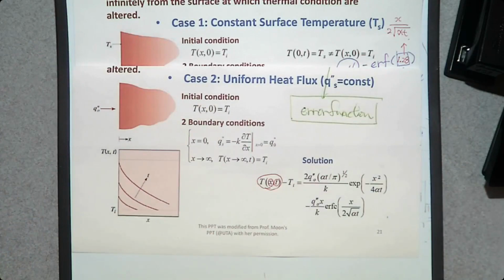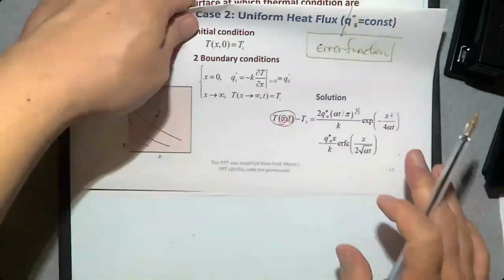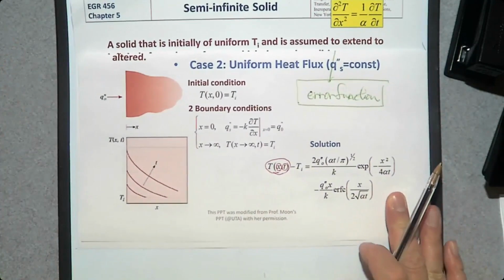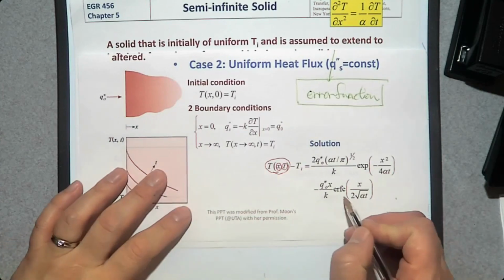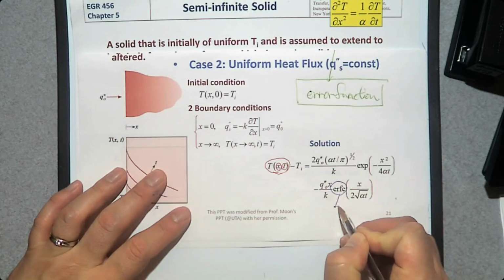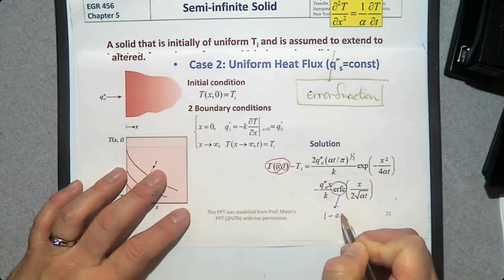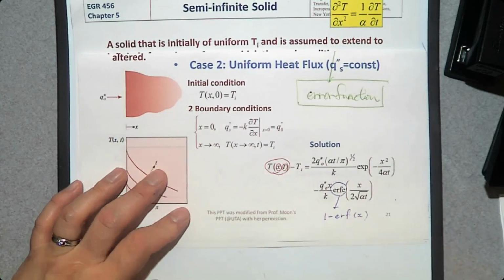There's one more thing. If you look at this equation, let's say case number 2, the last term of this temperature equation has erfc. This is not an error function. ERFC means complementary error function. The complementary error function is nothing new. This is just 1 minus the error function.